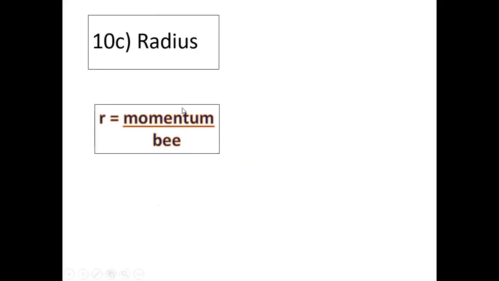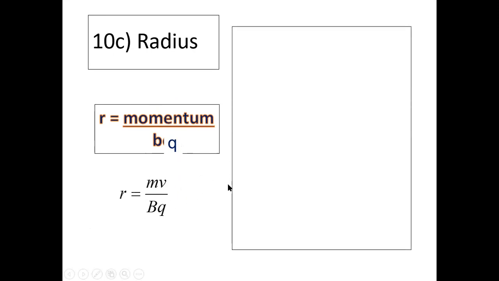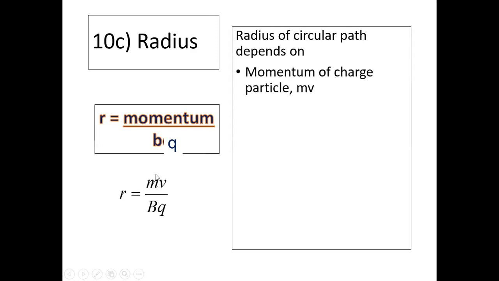Okay, so you want to choose to remember the momentum over charge times B. Instead of 2e, you just change it to Q, that's all. Momentum over qB. So from this formula, we can see that the radius, can be capital R or small r, you can choose, depends on momentum. Larger momentum, larger radius.